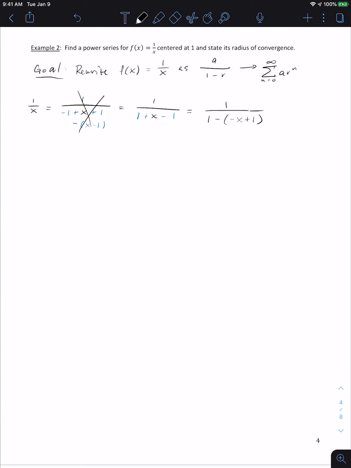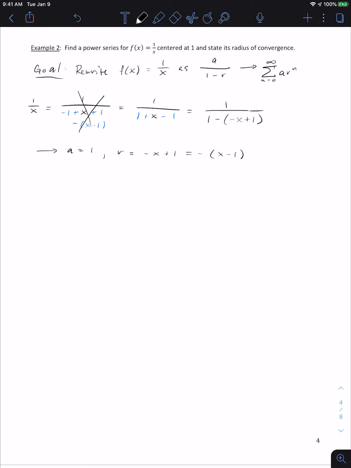Okay, so what does that mean? That means that my a is equal to 1 and my r is equal to negative x plus 1, which I could rewrite as negative quantity x minus 1, which is what I want, right?